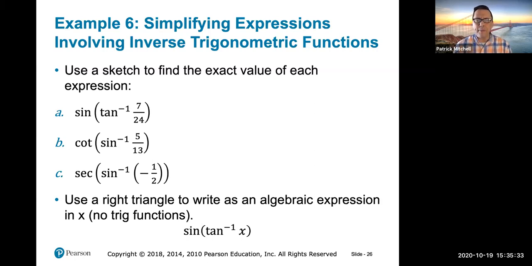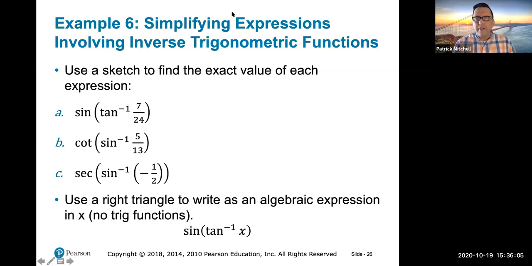An algebraic expression in x is an expression that only uses plus, minus, times, divide, square roots. And I think that's about it. You would not use trig functions, inverse trig functions, e to the x, ln of x, none of those special functions. Think just the functions that are on a dollar store calculator.